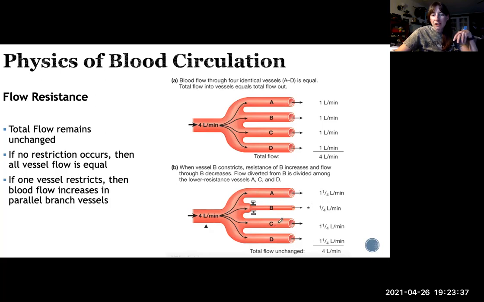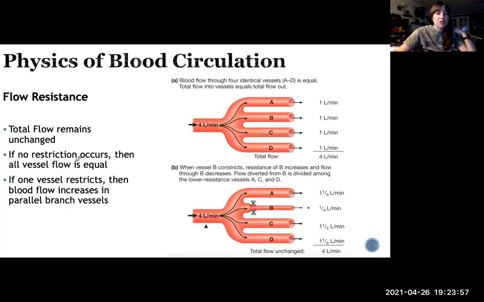The pressure in all of these vessels will go up, but the blood flow will remain the same. You will still add up to 4 liters per minute. The total flow remains unchanged. What changed was the resistance and therefore the blood pressure in the system.